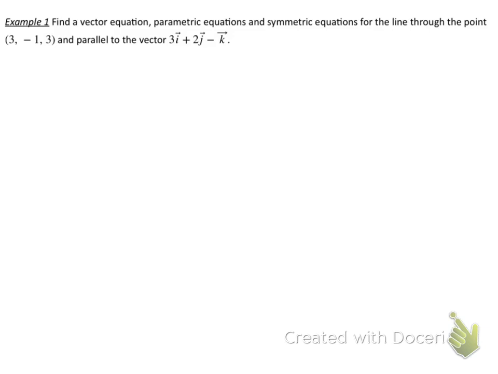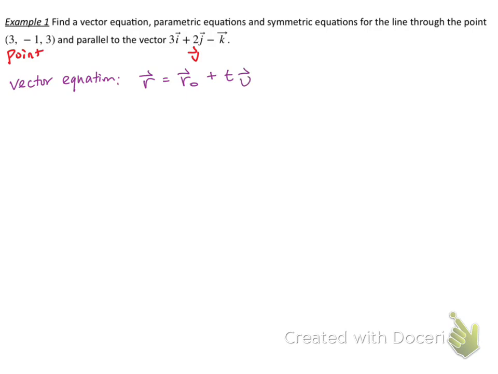So I have the point, and I have the direction. Let's do them one by one. The first is the vector equation. The vector equation is the vector r equals, from the starting point r0, plus a rescale of your v.